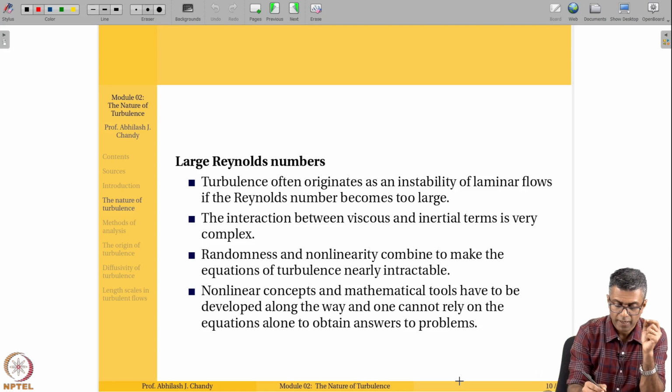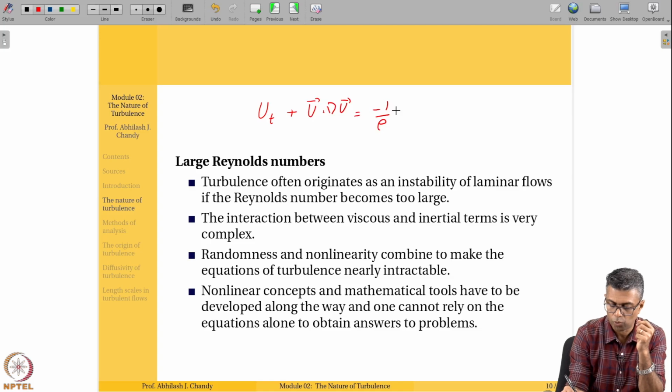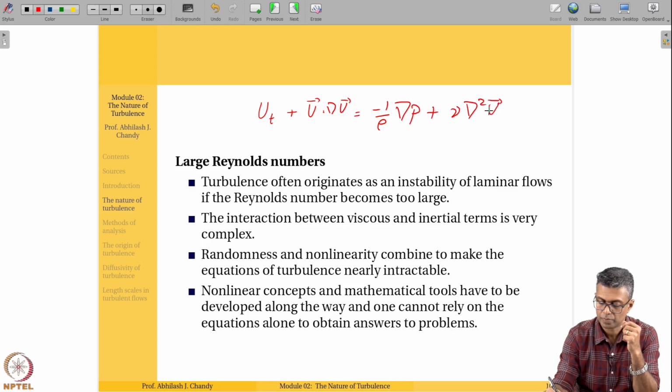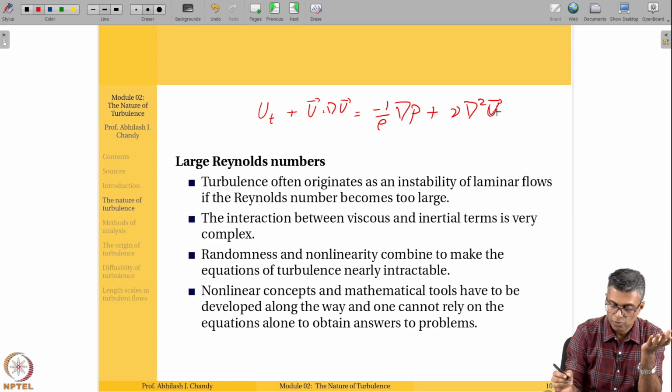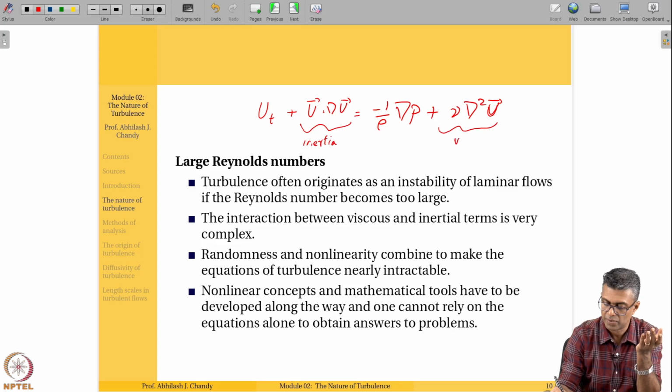So I want to talk about that, and if I look at the Navier-Stokes equations, I have u_t plus u dot del u, which is a vector here, equals minus 1 over rho del p plus nu del squared u. Isn't it? Nu is the kinematic viscosity. So we are talking about the nonlinear term, inertia or convective, and viscous.